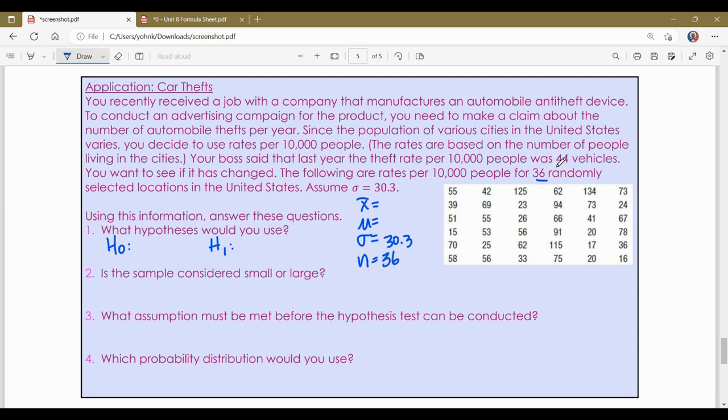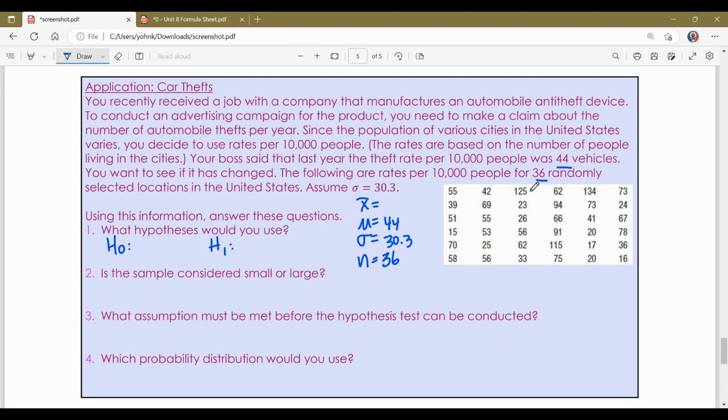We know that the sample mean was 44, which means the mu has got to be, wait, no. Your boss said, oh, duh. We need to actually calculate the sample mean. Duh, the mu is going to be 44. That's what they are saying was the previous.